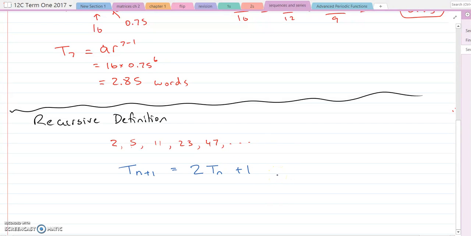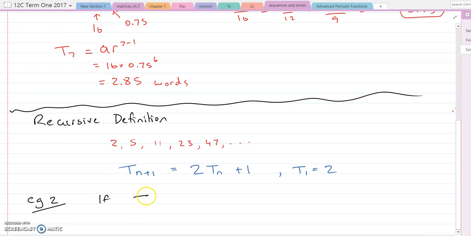But that formula isn't quite enough, because in order to calculate the next number you need the previous number, so we need to be given at least one number. I suppose you could work backwards, but generally you're given the first number, T1 in this case.